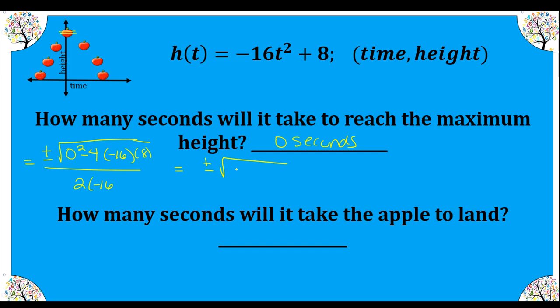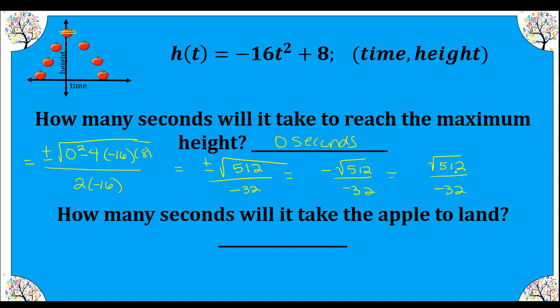So we're going to have 4 times 16 times 8. And that gives me 512 over negative 32. So we're going to have a negative root 512 over negative 32, which will give us our positive answer. And then we have a positive 512, but it's being divided by a negative 32.